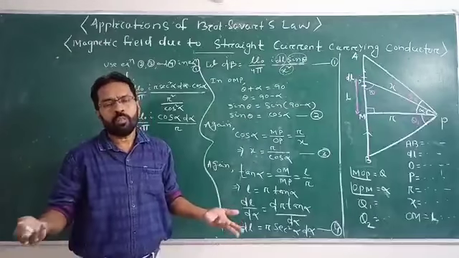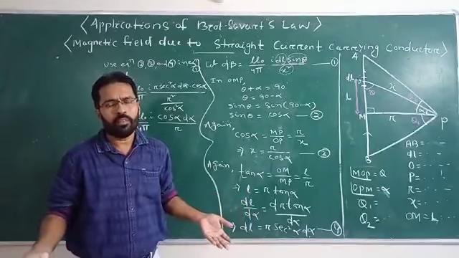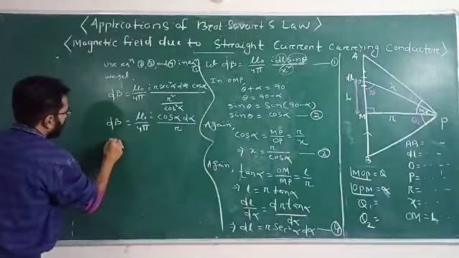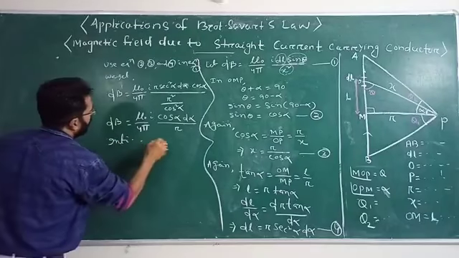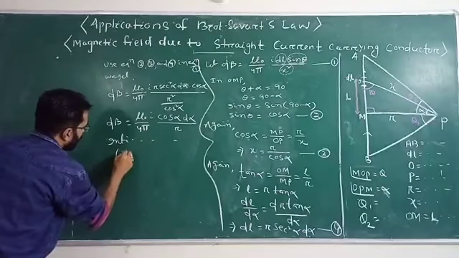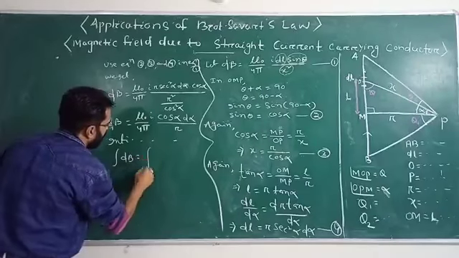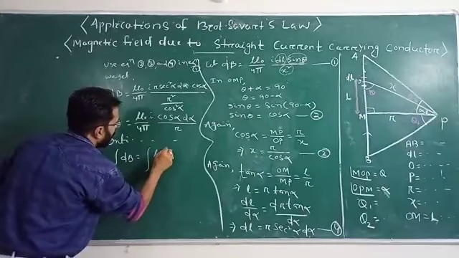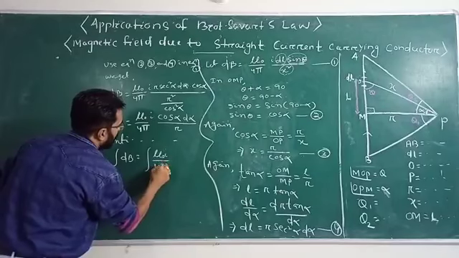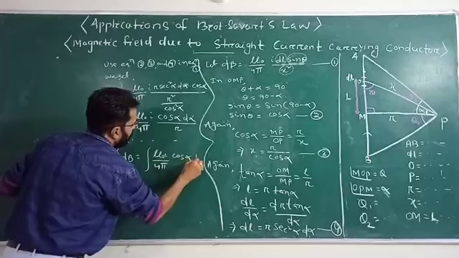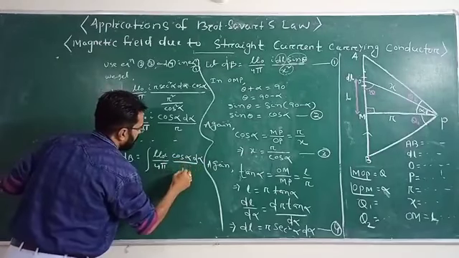By integrating both sides, taking suitable limits. It is dB equals mu naught I upon 4 pi, cos alpha d alpha upon r.